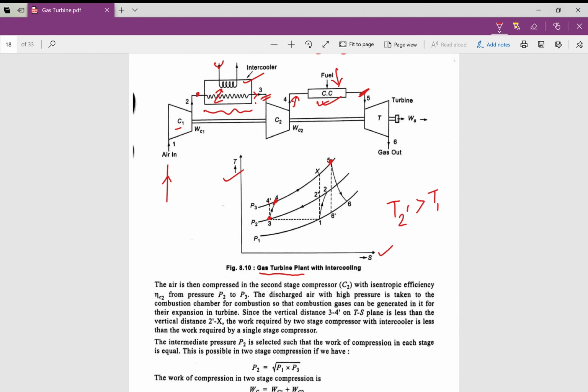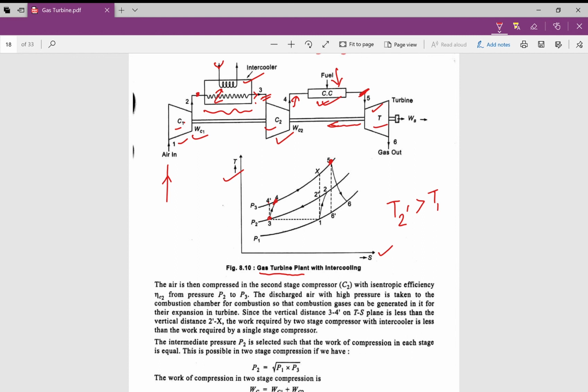So it enters this turbine which produces power. As you know, a turbine is an expansion device. So power is produced by the turbine, WT we call it, and the remaining power is supplied to run this compressor as well as this compressor. That's why all these three components, C1, C2 and turbine, are coupled on a single shaft.